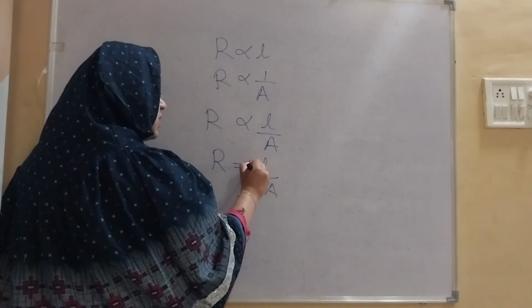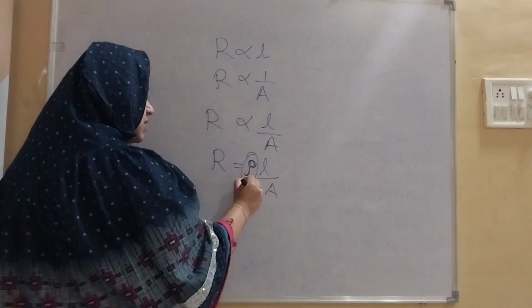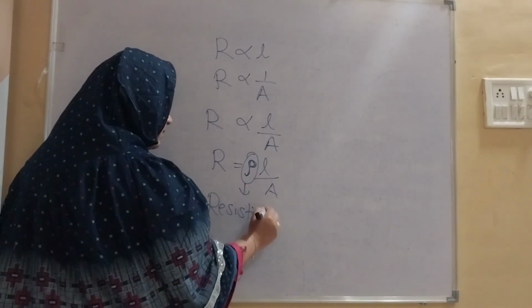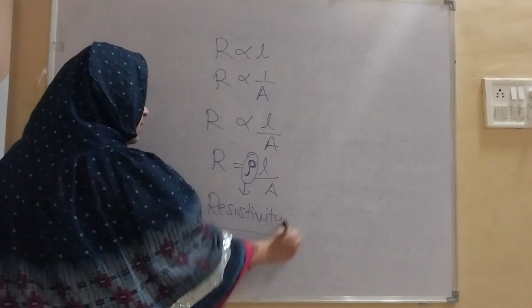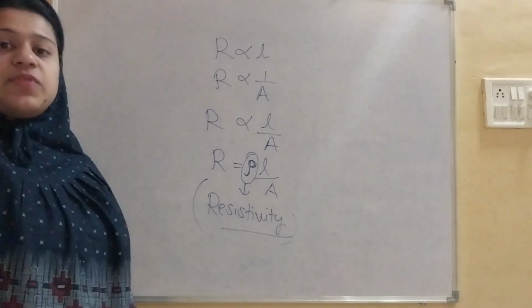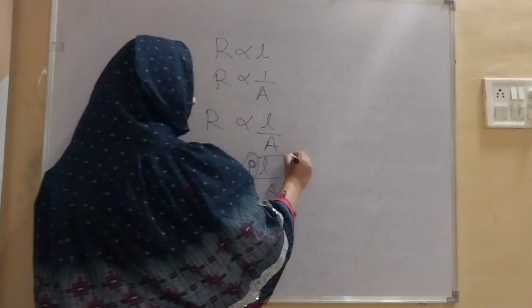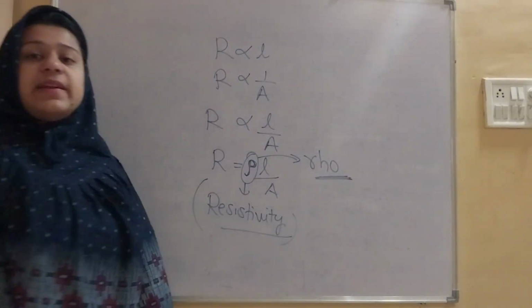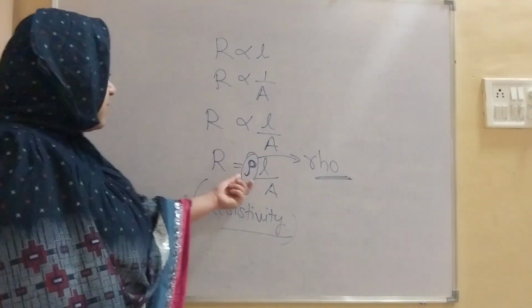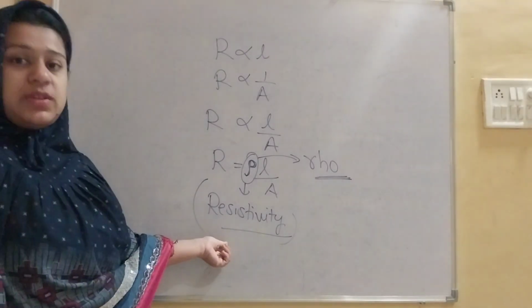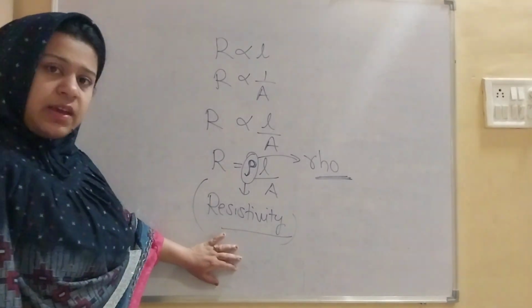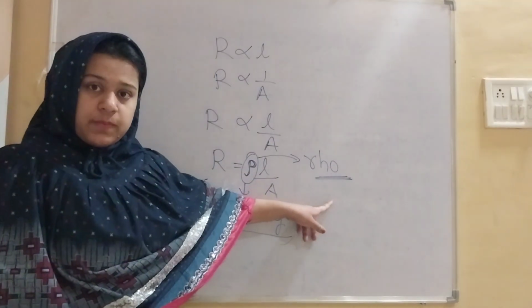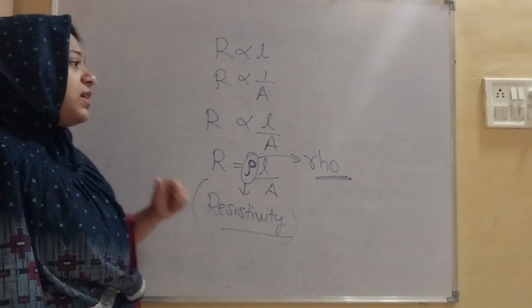Here the constant is the resistivity, and this letter is known as rho. So what is resistivity?